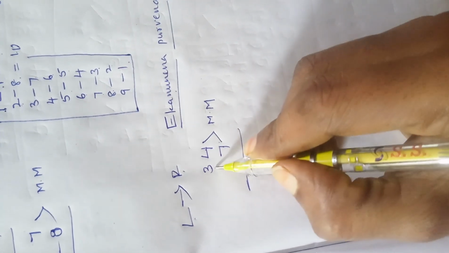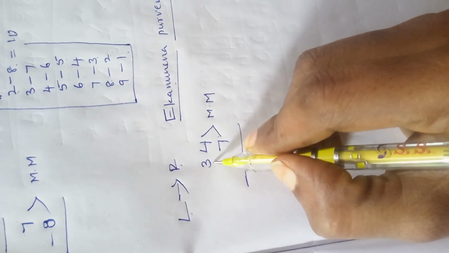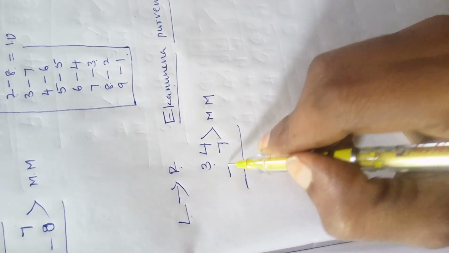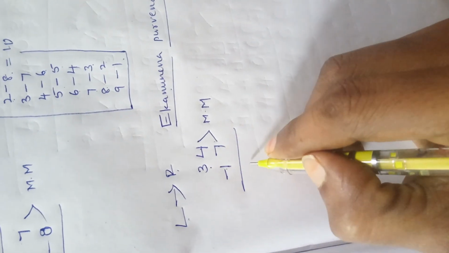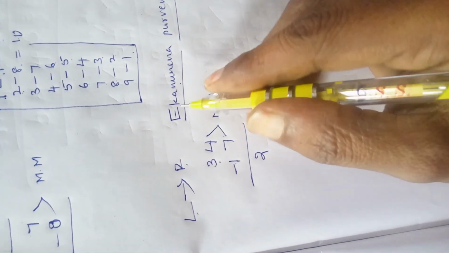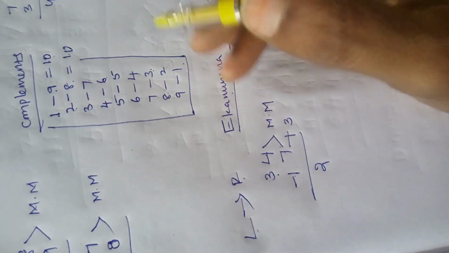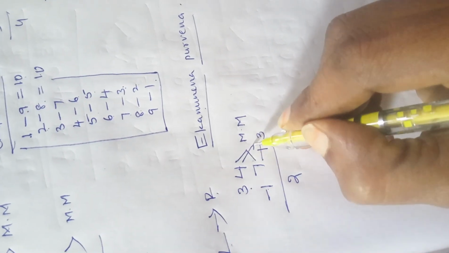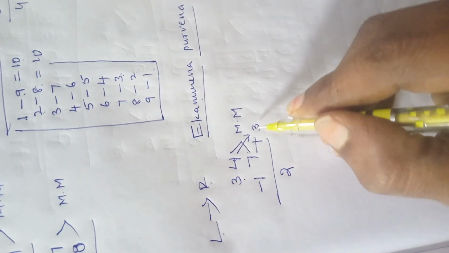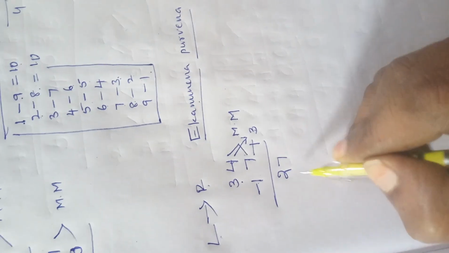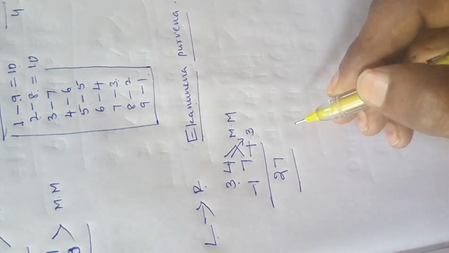That means from the previous number, that is 3, you have to subtract one. 3 minus 1 is 2. Then what is the complement of 7? That is 3. Look here, 7's complement is 3. This 3 can be added to the 4. Understand, children? 4 plus 3 is 7. 34 minus 7, answer is 27.